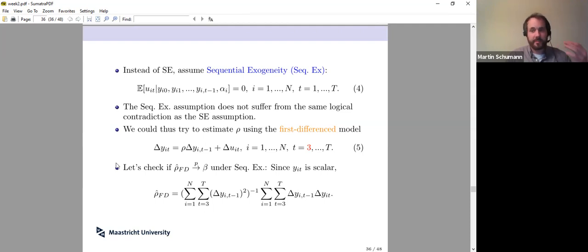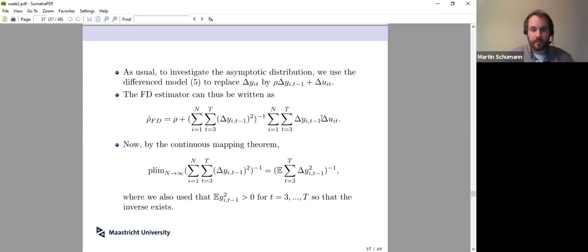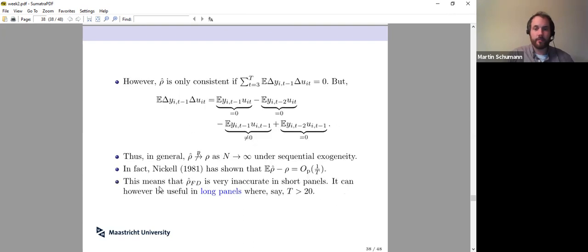So this is really business as usual, as we've seen it many times before. And then we get the following expression where we now have the delta u_it here. As I said before, the first part here is non-problematic. So that's okay. The inverse exists, no problem here. Now the problem may arise in the second term.